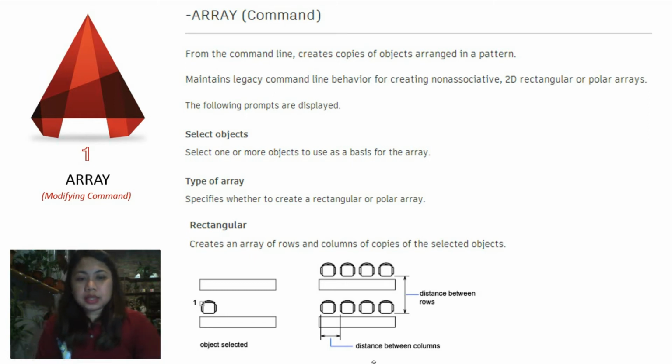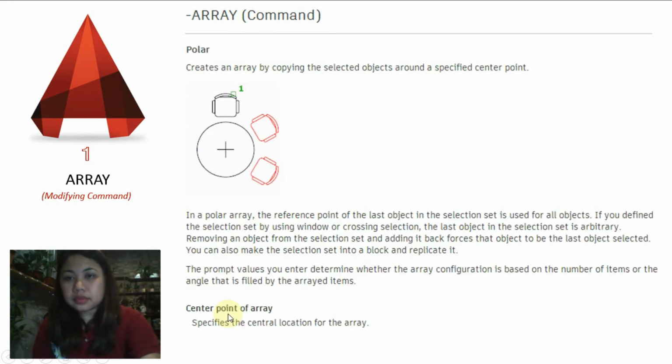Okay, so this is the distance between rows and the distance between columns, and this is the object selected. Then the polar creates an array by copying the selected objects around a specified center point. So radial, the distribution is radial.